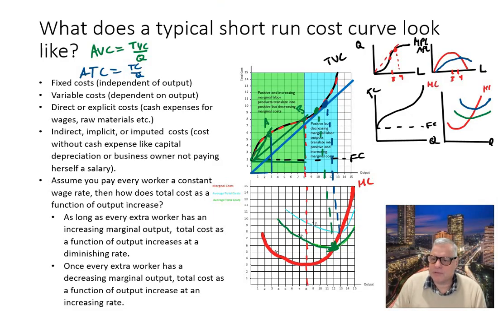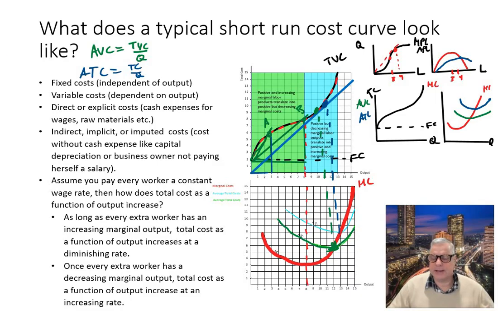So here we have the marginal cost. The green was average variable cost, and the blue was average total cost. Okay.